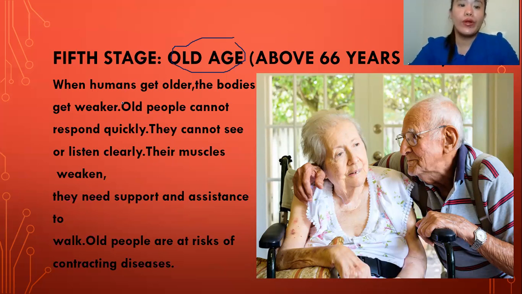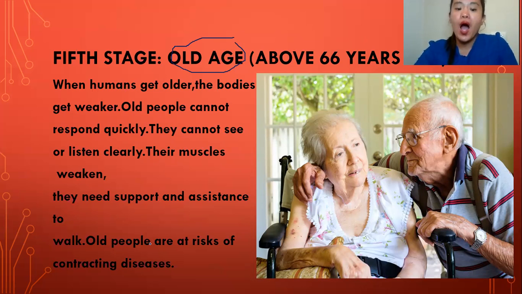Okay, so when humans get older, the bodies get weaker. Old people cannot respond quickly. They cannot see or listen clearly. Their muscles weaken. They need support and assistance to walk.